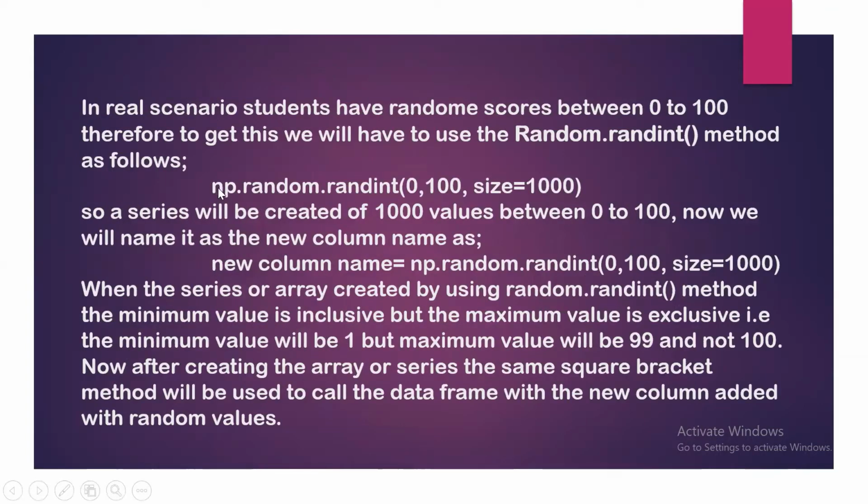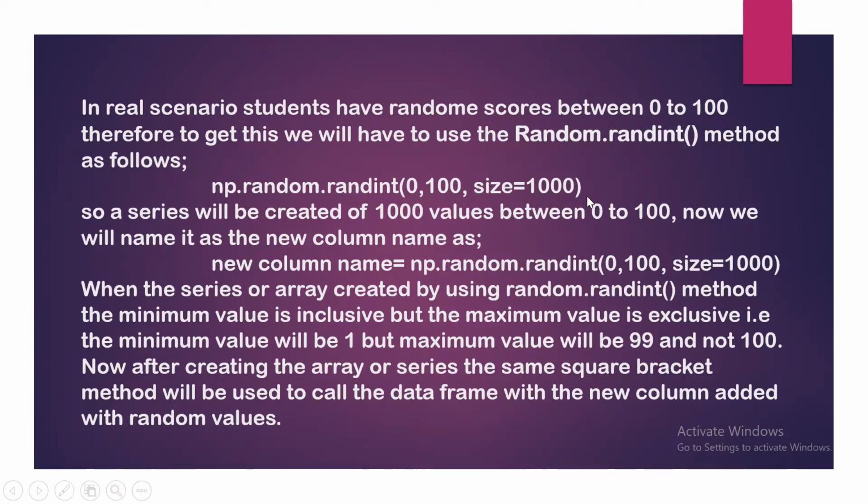What we'll be doing, we will again be using NumPy libraries to generate random numbers, and those random numbers should be integers starting from 0 ending at 100, and the size of that array should be 1000 elements.